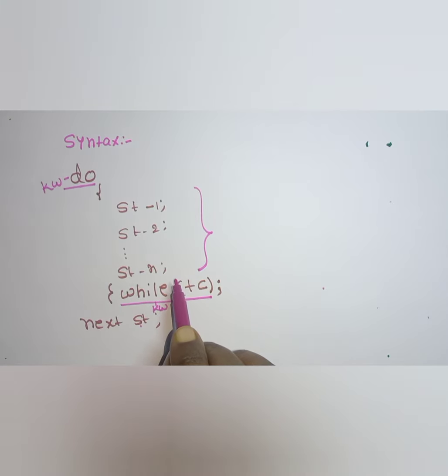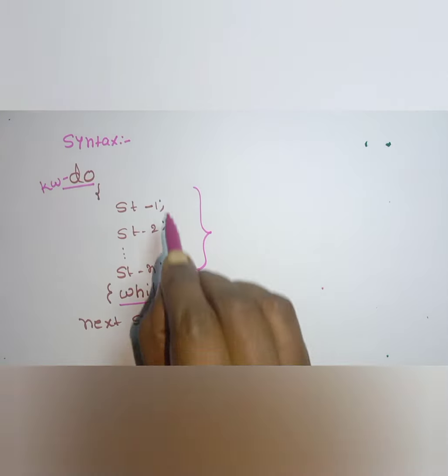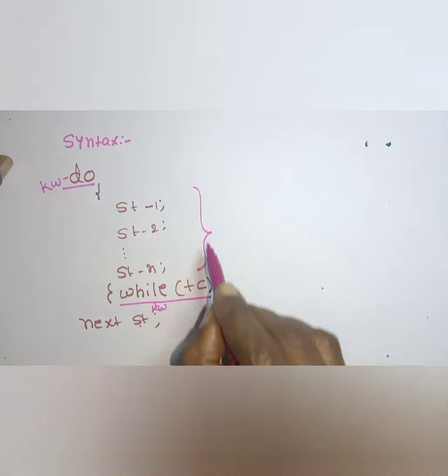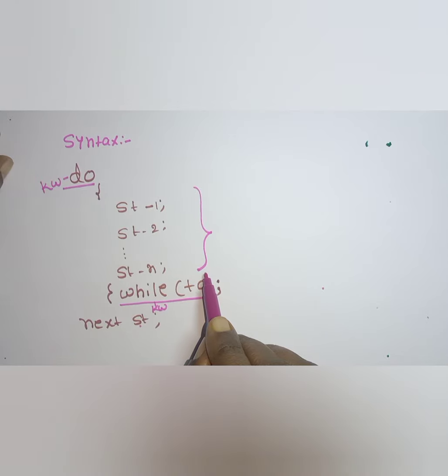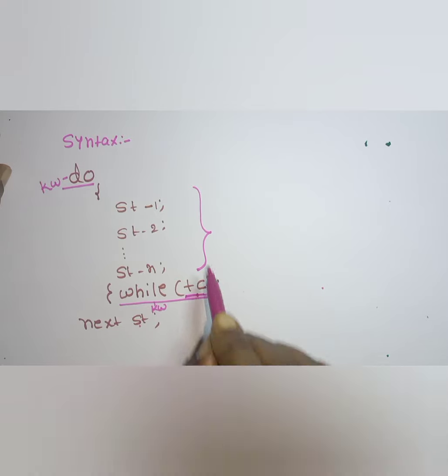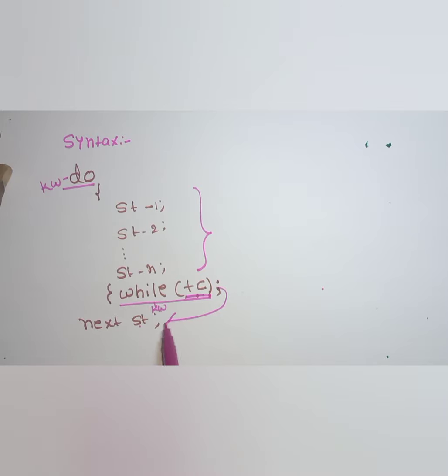Looping is nothing but repeating the statements. How many times you want to repeat, that you write here. The body of the loop executes till your condition is true. When the condition is false, it stops executing this and your control goes to the next statement.